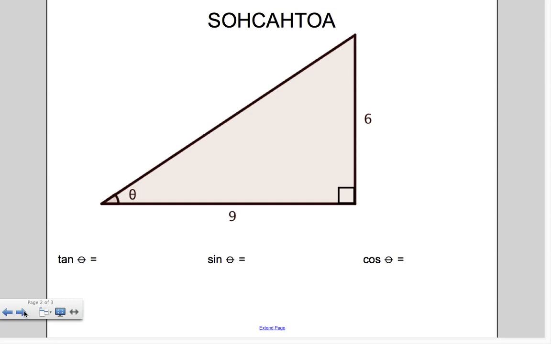So this is a triangle that I left over from the tangent notes. Let's just write SOHCAHTOA. Draw this triangle again.